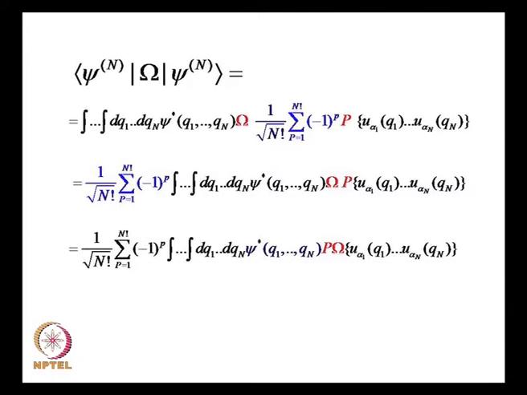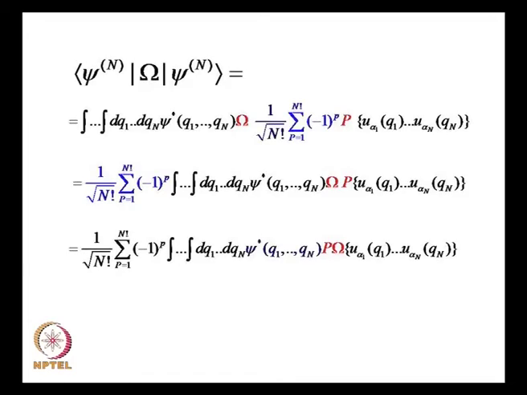Now, the summation and the constants and so on can be written over here. These are the two operators which stay over here, omega p. What is omega? Omega in our context is going to be either the single particle operator H1 or the two particle operator H2, and both of these operators do not care whether you are calling this electron 1 and this electron 2 or vice versa.